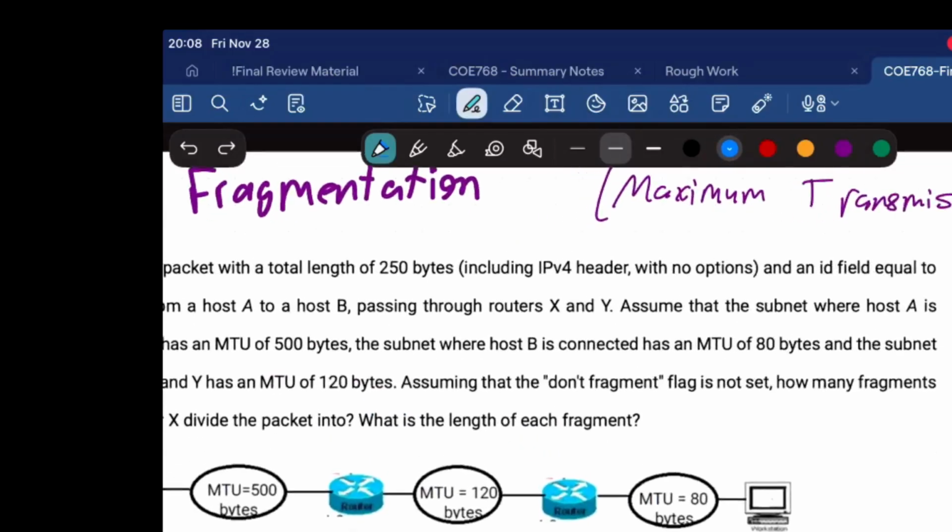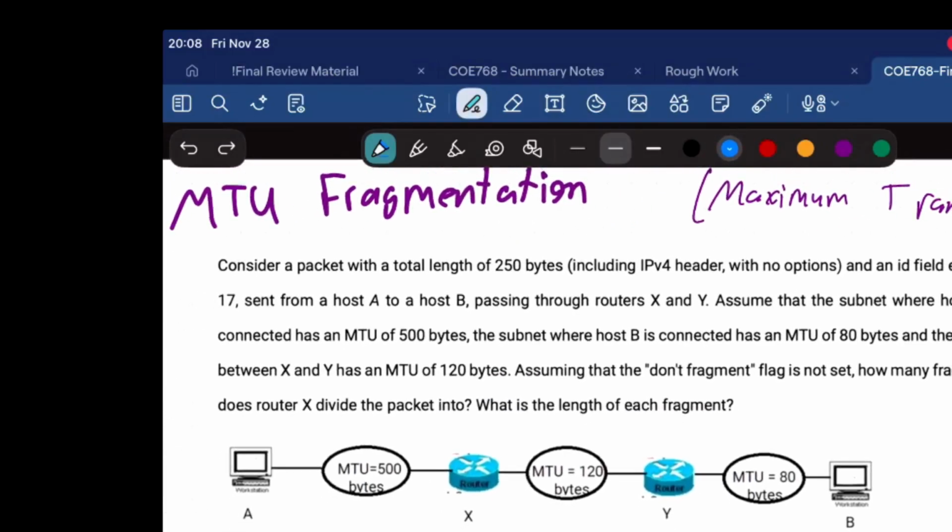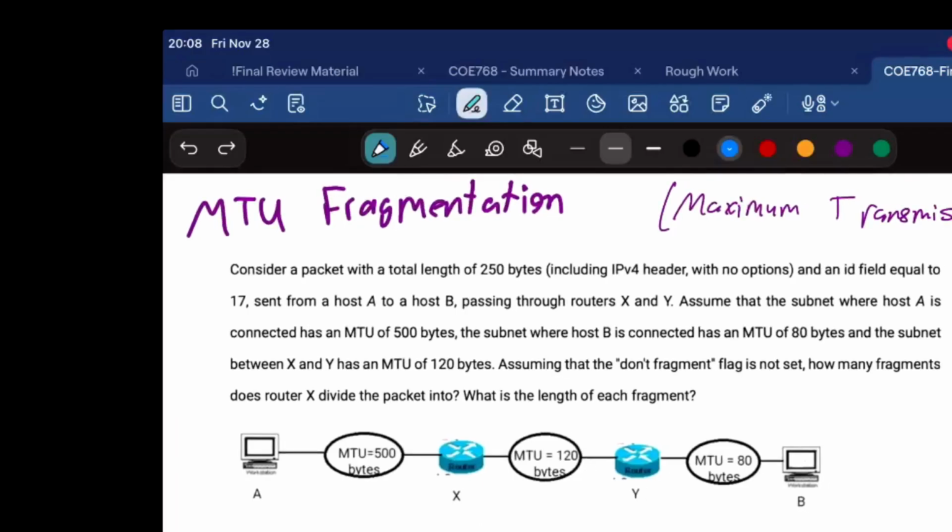So moving on to this question specifically, we are being asked to consider a total packet with a length 250 bytes. So here we have the 250 bytes includes the IPv4 header, and some information that we'll need to know is that this IPv4 header itself is worth 20 bytes with no options.